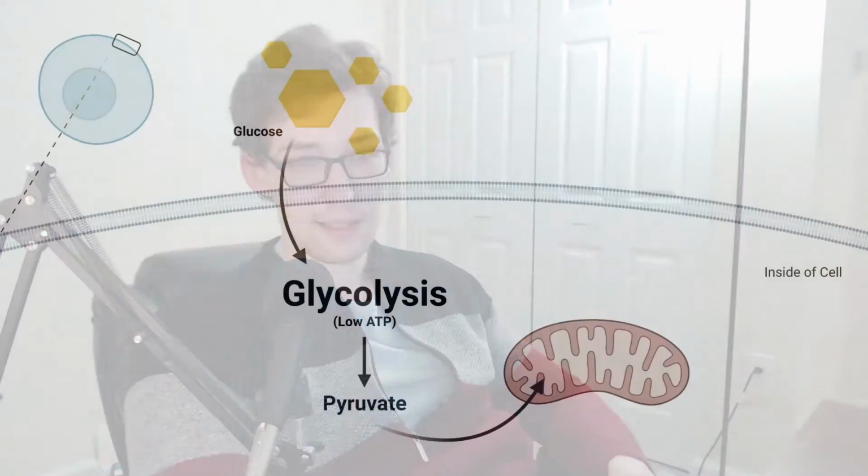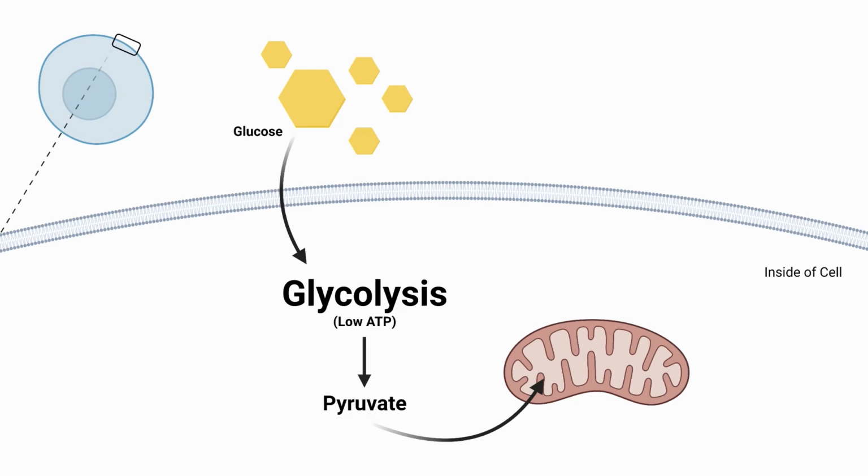You can click off now if you want, but for those that were interested in actually seeing glycolysis, just as a brief, so I can kind of wrap this up, I've got a picture here where glucose is outside of the cell, and what it does is it enters the cell, and then it undergoes glycolysis where it can produce a low amount of ATP.